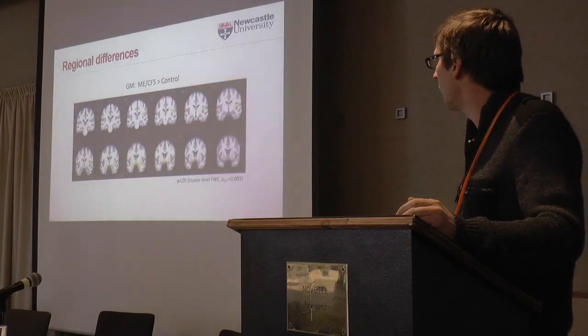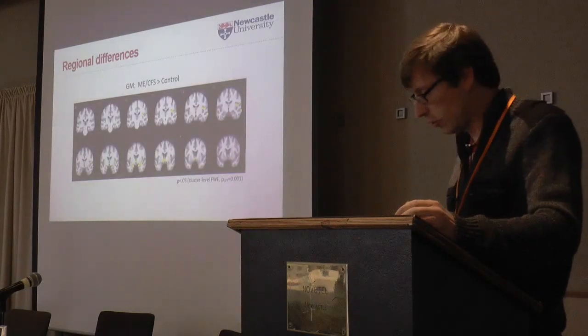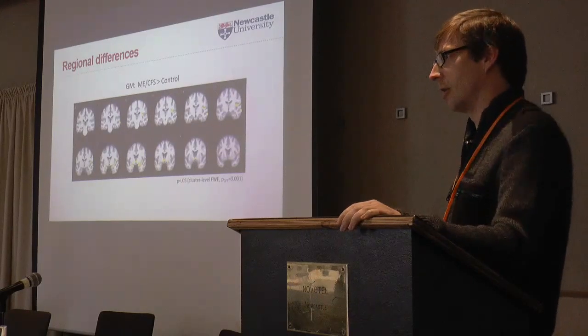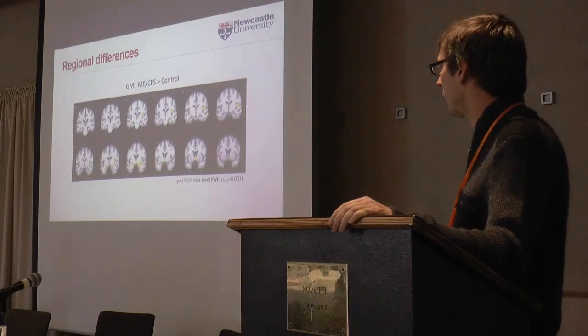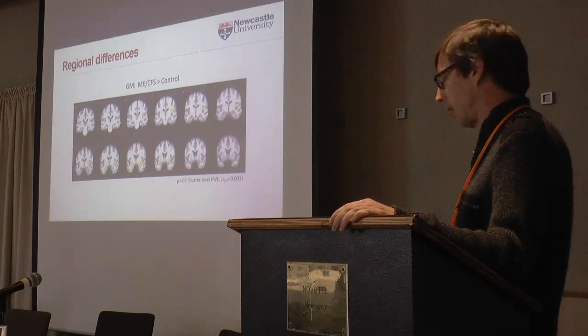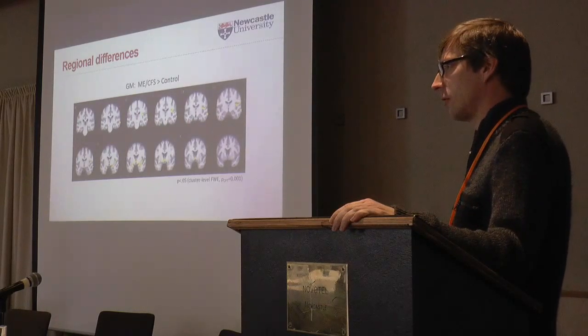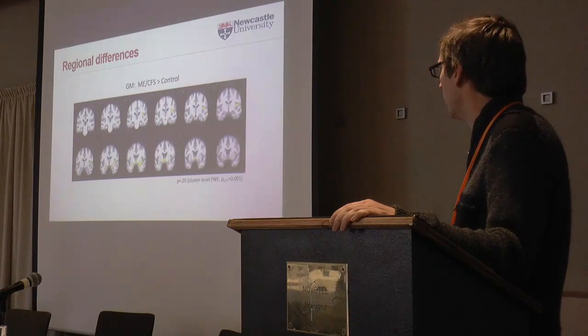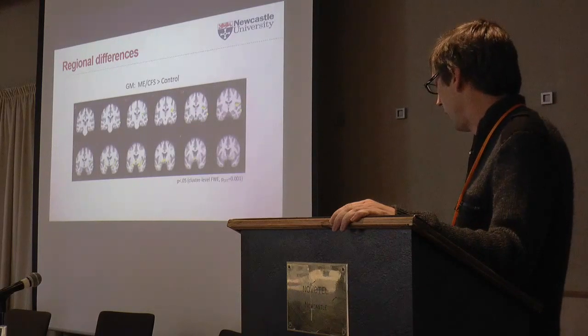Regionally, we see gray matter increases in the patient group in a couple of regions that are quite interesting in relation to the previous talk, because they're some of the regions that Julius at least implied, if not mentioned directly, in 4 clusters in total, shown here.